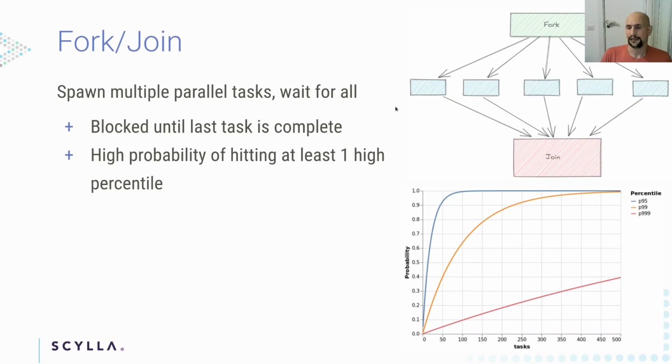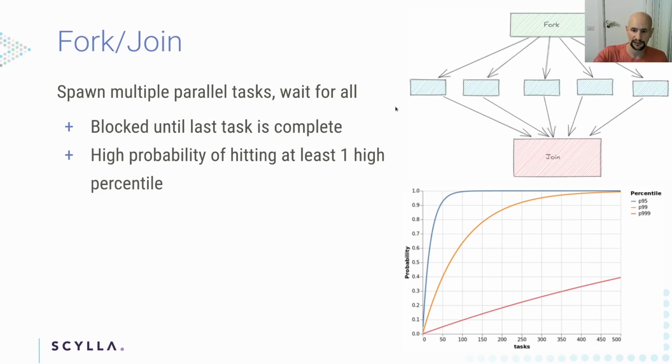Fork join. If you have a job that forks off a couple of subtasks and it waits for all of them, this is the case, for example, with MapReduce and stuff like that, then you're going to wait for the last task to complete, which means that your latency is going to be bound to the higher percentiles.